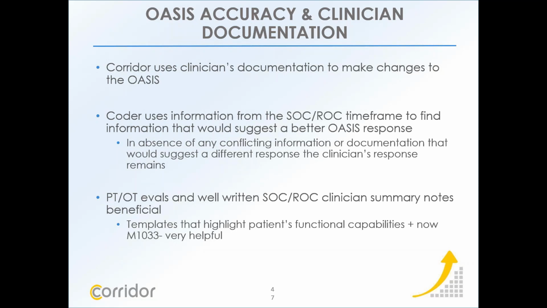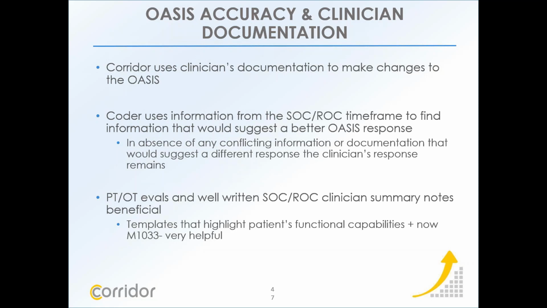Obviously, Corridor is using the clinician's documentation, the narratives, to make changes to the OASIS. This is generally where we find conflicting information to say that, you know, what the clinician had scored this answer as is not quite matching up with what he or she documented in the narrative or in the other sections of the comprehensive assessment.